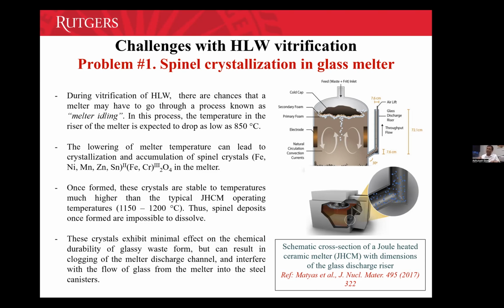Those crystals are spinel crystals, which are rich in iron, nickel, manganese, all transition metal cations. And these spinel crystals have a much higher density. We are talking about a density of 5 grams per cubic centimeter or more, whereas the melt has a density of around 2.5, 2.6 grams per cubic centimeter.